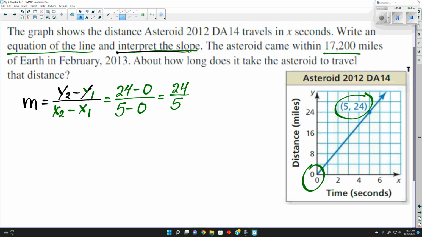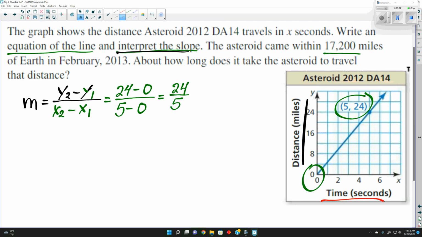In interpreting the slope, you're just changing what the slope is telling us into a word form. Now, 24 represents what? The x or y? 24 is y, so it's representing our distance in miles. The x is our time in seconds.